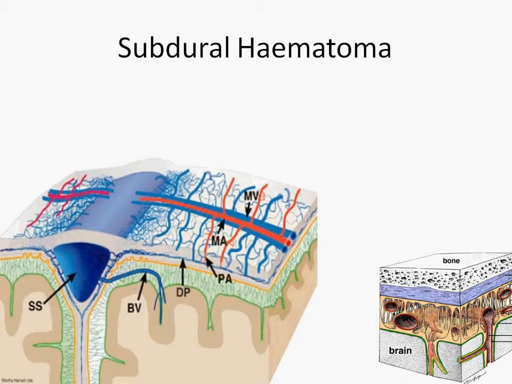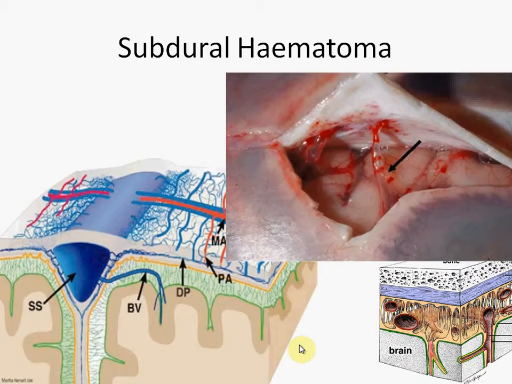So here is an image of the brain. Here we can see the parenchyma of the brain. Here this SS is the sagittal sinus, or really the superior sagittal sinus, and here we can see a bridging vein which drains the parenchyma directly into the superior sagittal sinus there. And in this image we can see this here is the dura.